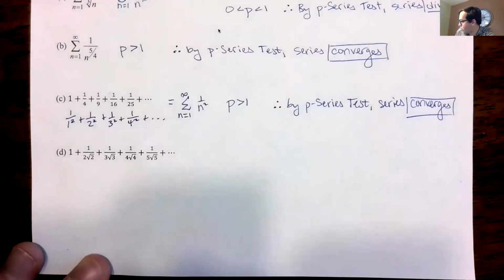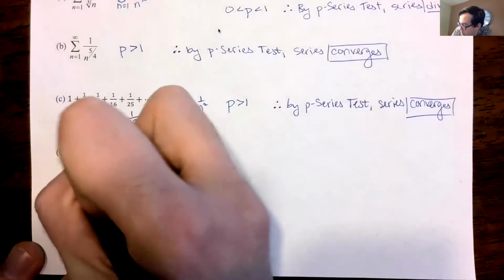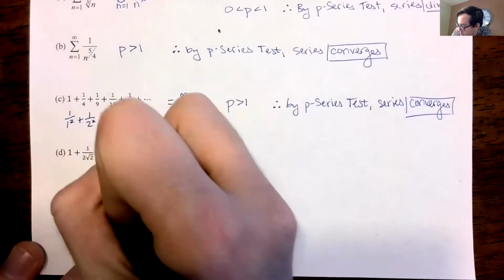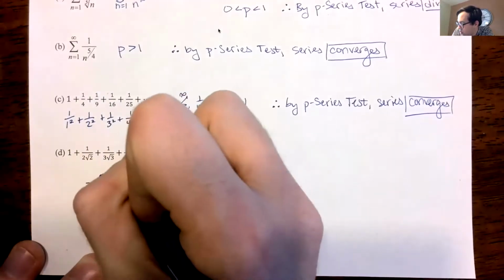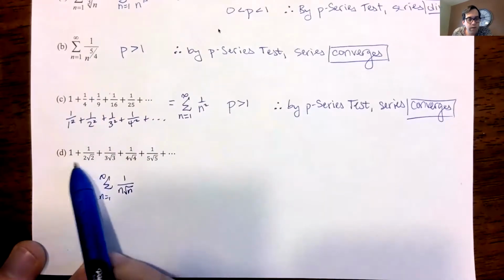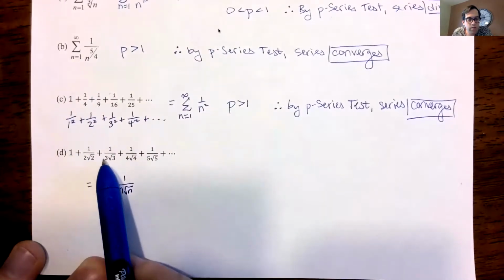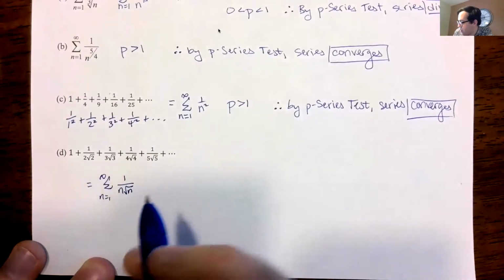All right, last one. This, I think we can see, hopefully, that we could rewrite this as a summation from n equals 1 to infinity of 1 over n times the square root of n. Right, for the second term, it's 2 square root 2, then 3 square root 3, then 4 square root 4, so it's n square root n. But that's not really going to help us.